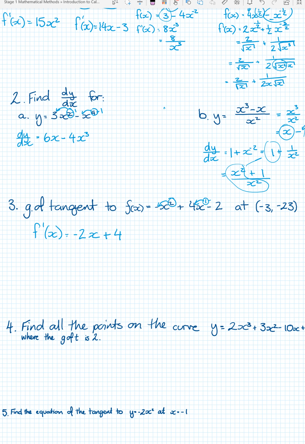When we have 1 subtract 1, we end up with x to the power of 0, which leaves us with 1, so 4 times 1. So our derivative is minus 2x plus 4.